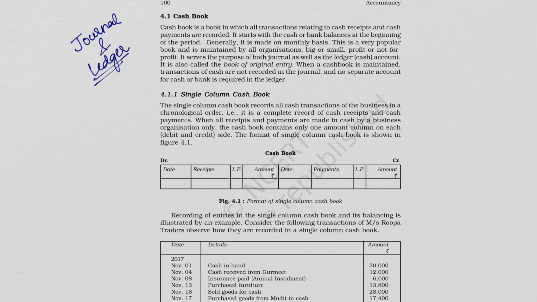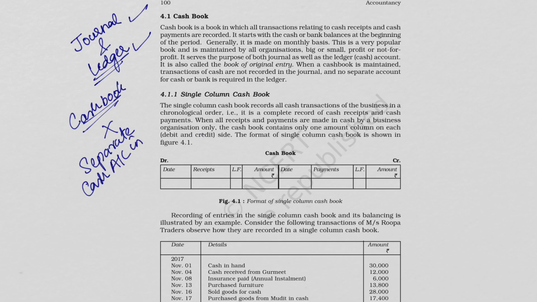It is both a book of original entry as well as a ledger account. So when we maintain a cash book, we do not need to open a separate cash account in the ledger, because the cash book itself is the cash account.